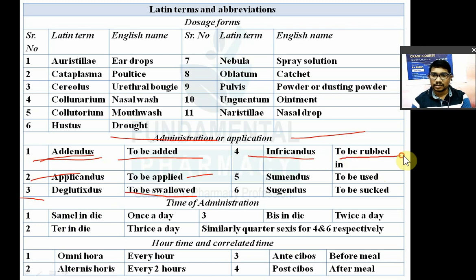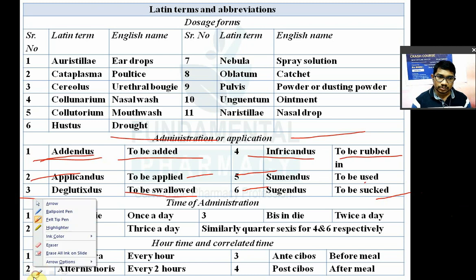Then sumendus means to be taken. Sumendus मतलब क्या? To be taken. Then sugendus, to be sucked. These are the terms related to administration or application of dosage form.